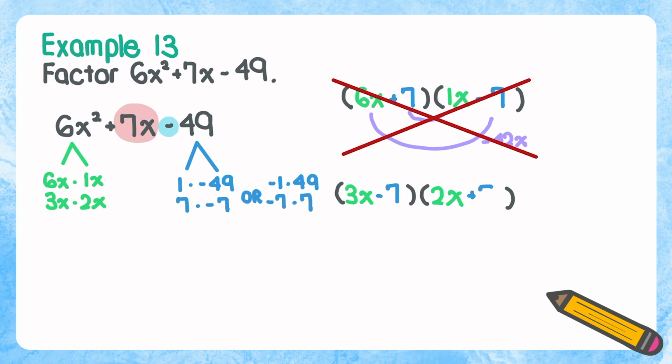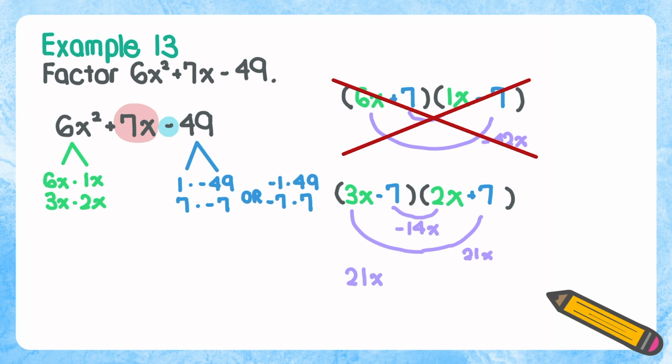Let's see how that looks. So I'm going to multiply the outside terms together. So 3x times 7 is 21x. And then the middle terms, the inside terms. Negative 7 times 2x is negative 14x. I'm going to combine it.